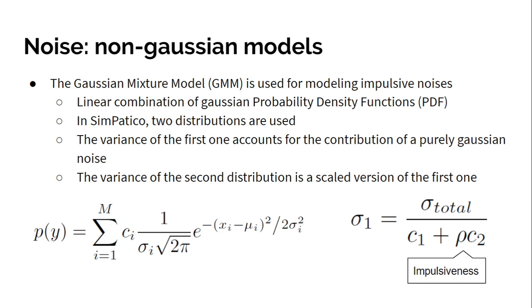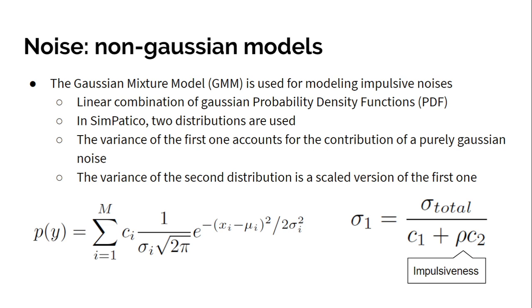In the simulator, we have implemented the mixture of two Gaussian functions only. The variance of the first one accounts for the contribution of a purely Gaussian noise, where sigma 1 accounts for the variance of the first Gaussian function. We can also talk about standard deviation in that sense, but here we are worried about the variance. Anyway, the sigma total here is the variance of the whole distribution, and C1 and C2 are the weights of both Gaussian distributions.